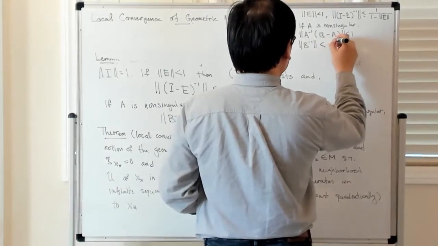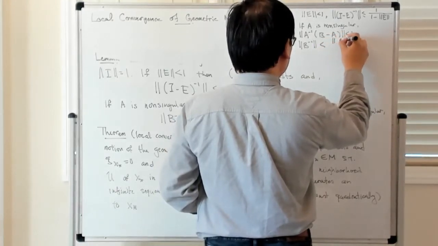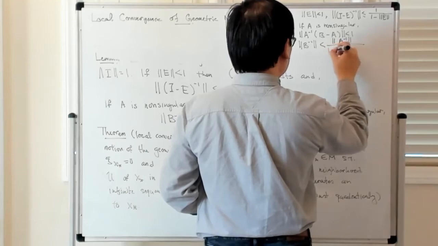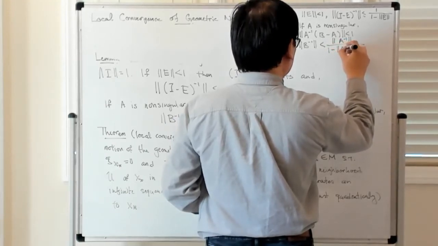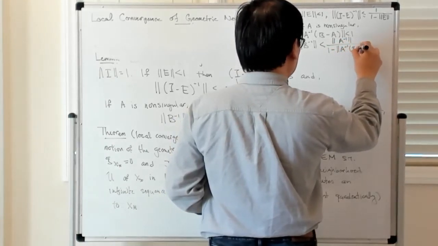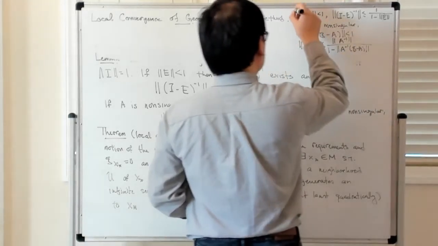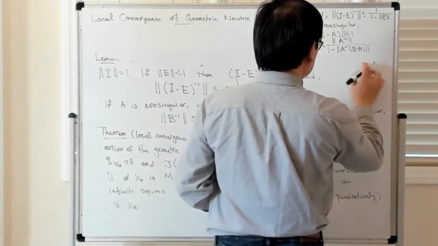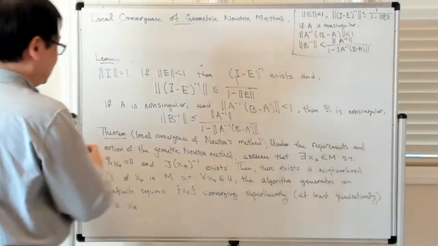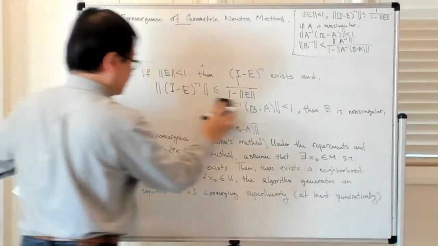This is less than or equal to the operator norm of A inverse divided by 1 minus the operator norm of A inverse applied to B minus A. Those are the essential results from this lemma, so I'll go ahead and erase it.